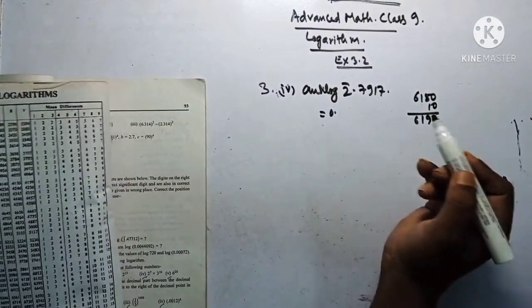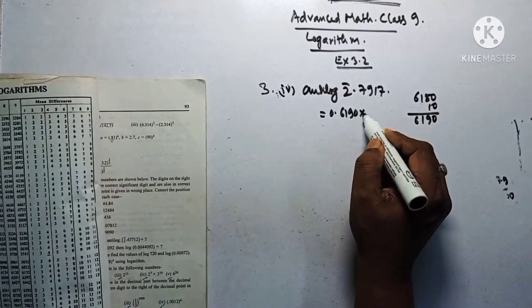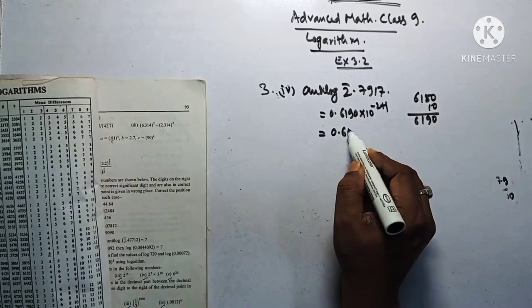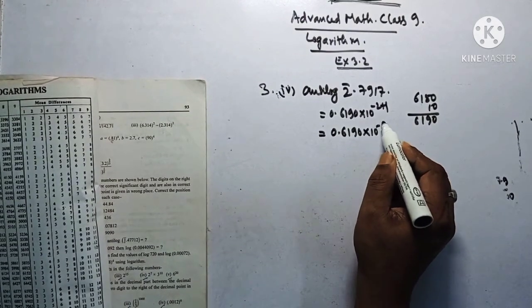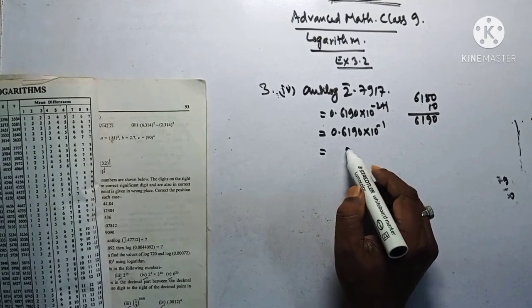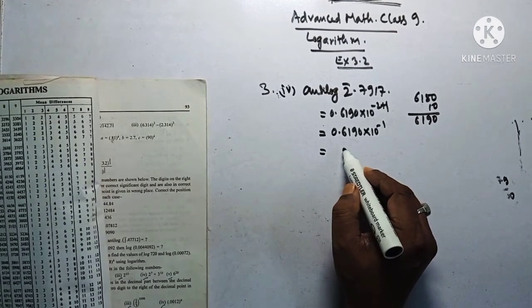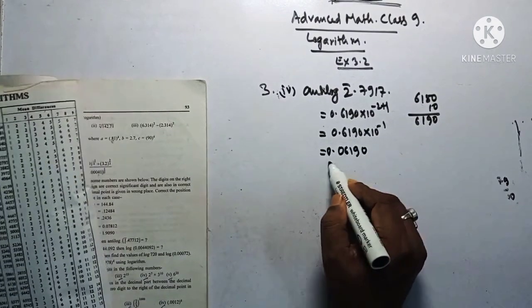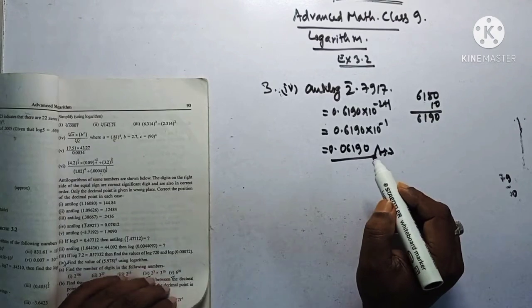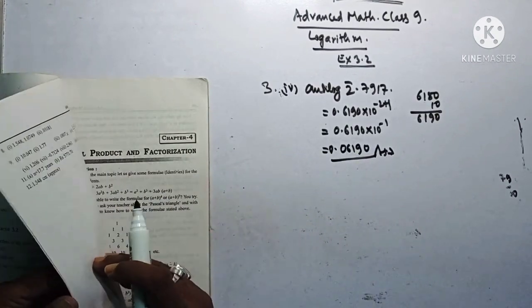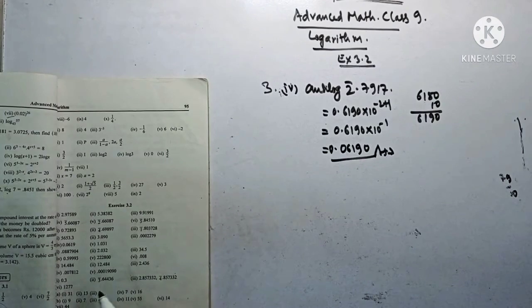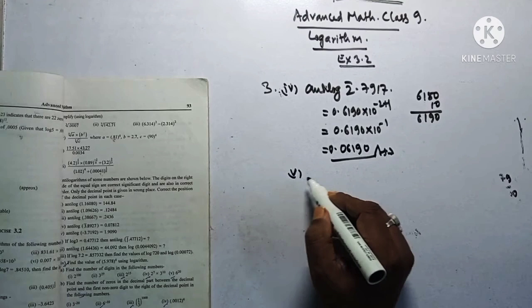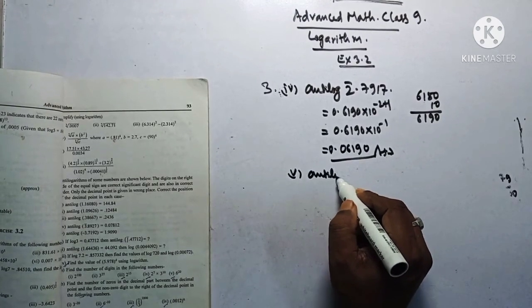So this will become 0.6190 into 10 to the power of minus 2 plus 1, so this will be 0.6190 into 10 to the power of minus 1, so this will be equal to 0.06190. This is your answer. So see, your answer will be 0.0619.